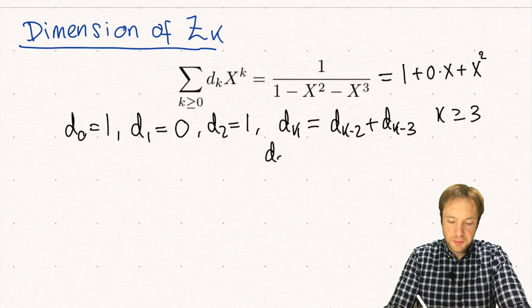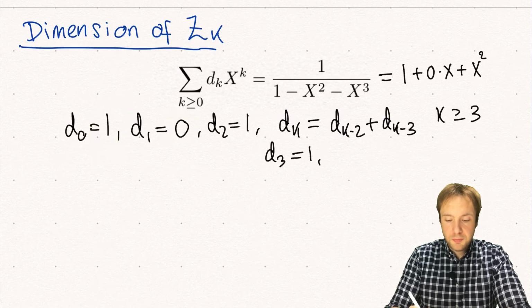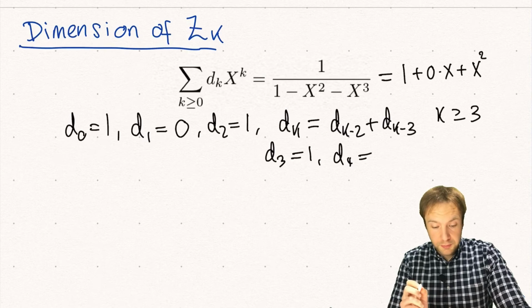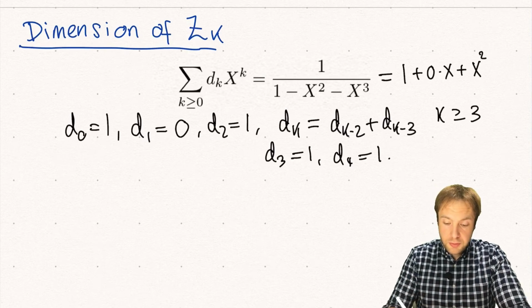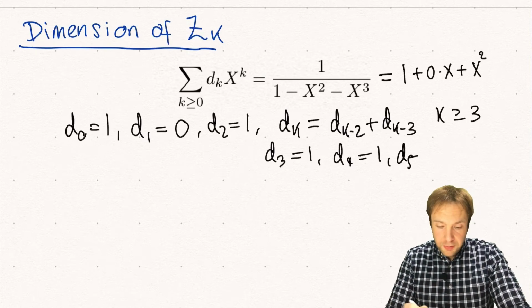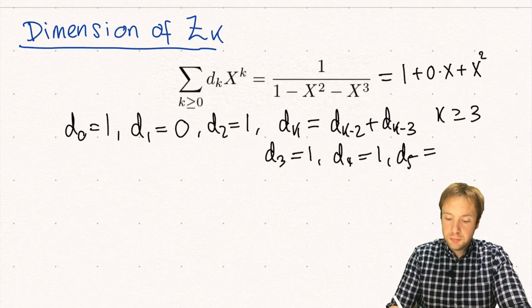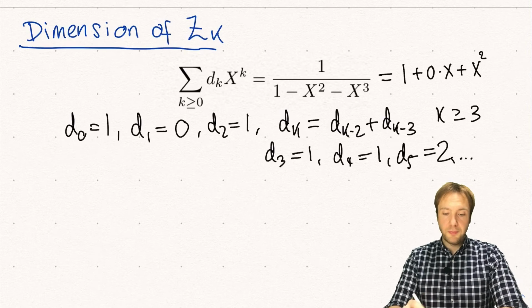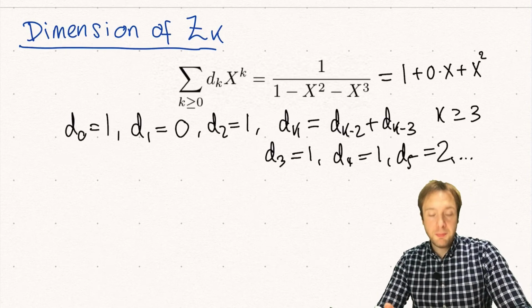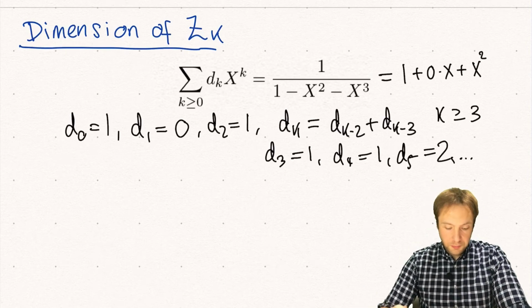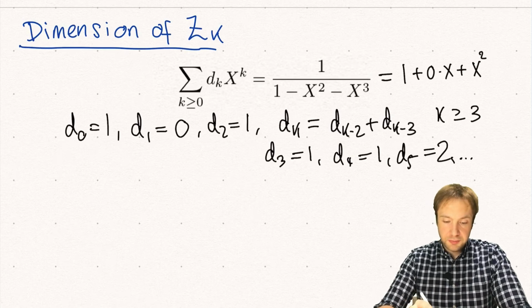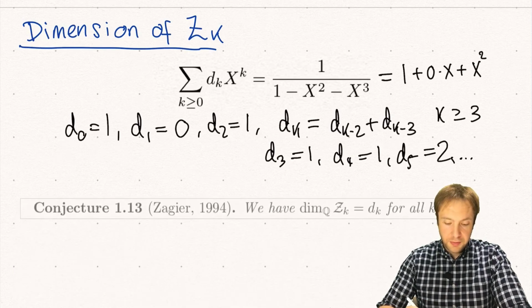So for example, d3 is 0 plus 1, so this is 1, d4 is 1 plus 0, so it's also 1, and d5 is 1 plus 1, so this is 2, and so on.